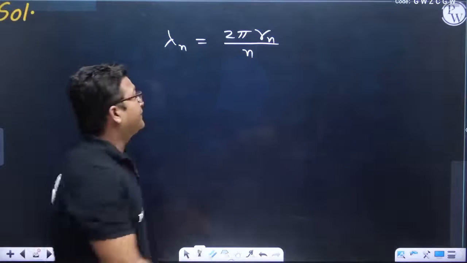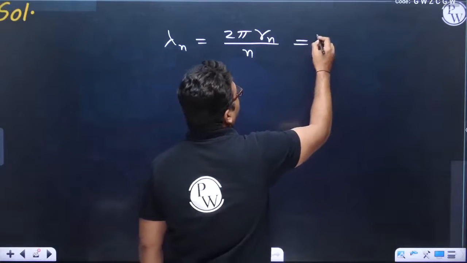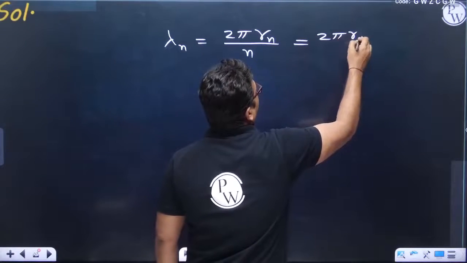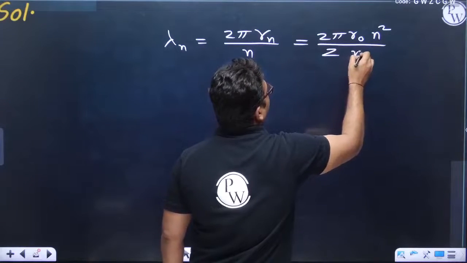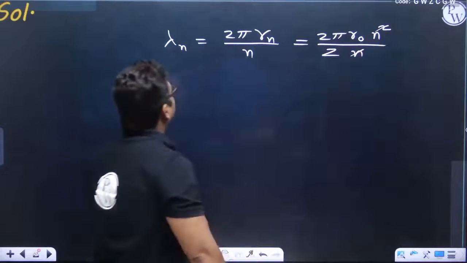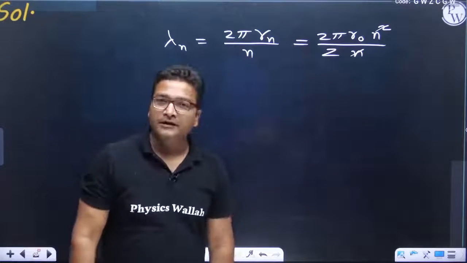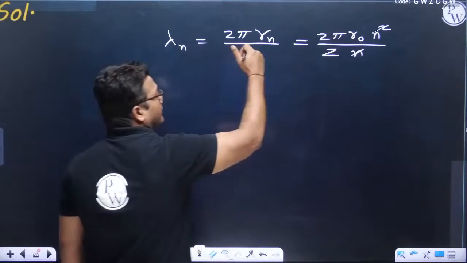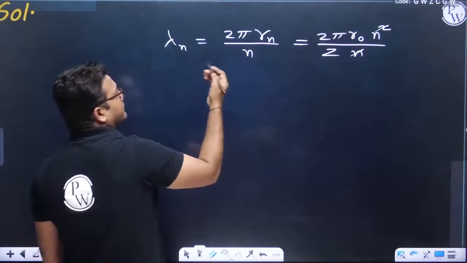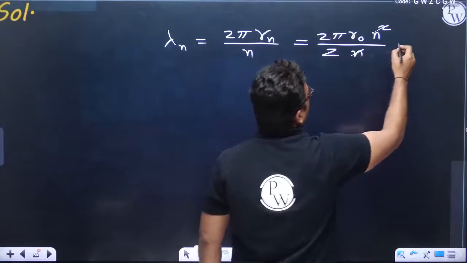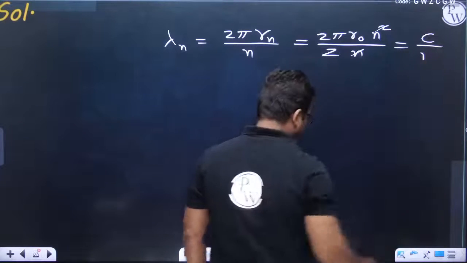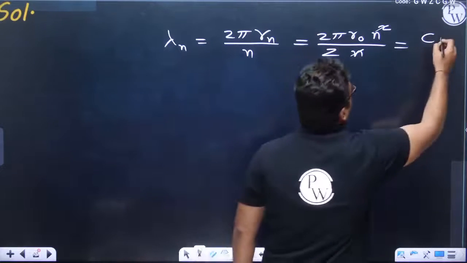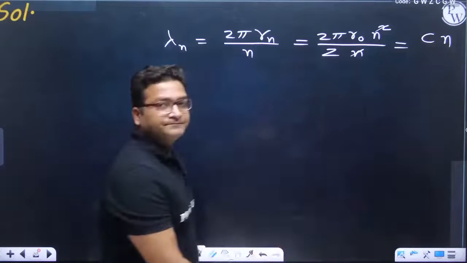The radius of nth orbit further can be written as 2 pi r naught n square by z divided by n. So we have lambda n proportional to n. Okay, so taking remaining constant as say some constant c, so we have lambda n equals to c multiplied by n. Lambda is proportional to n.